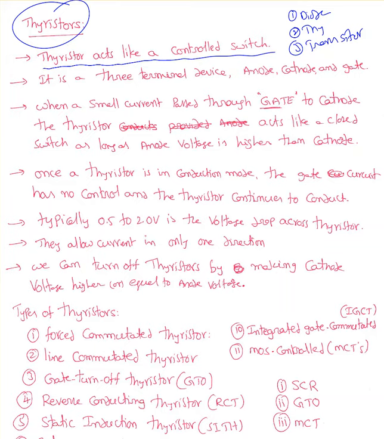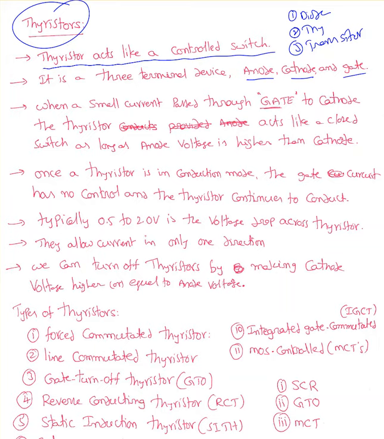Now, a thyristor is a three-terminal device. The three terminals are anode, cathode, and gate. Every thyristor, and we're going to talk about different types, has all three terminals. That's the reason it's called a three-terminal device.